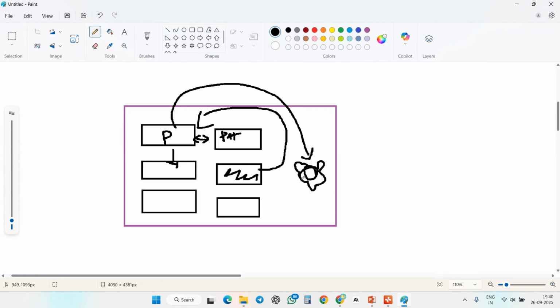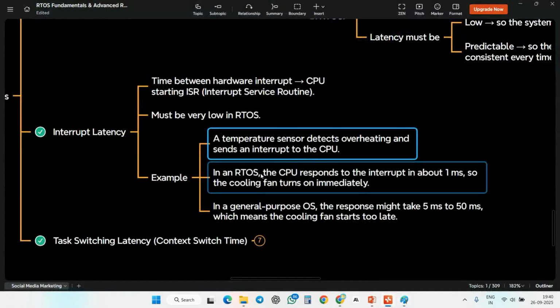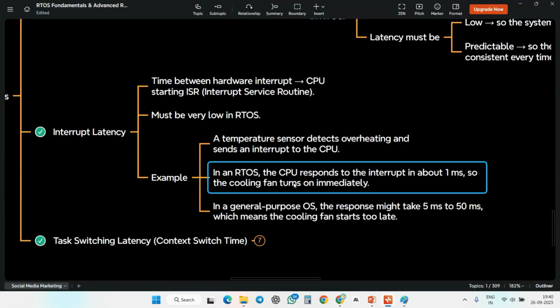It acts as an interrupt. The temperature sensor detects overheating and sends the interrupt to the CPU. The RTOS, meaning the CPU, responds, and you can see it takes 1 millisecond for the cooling fan to turn on.